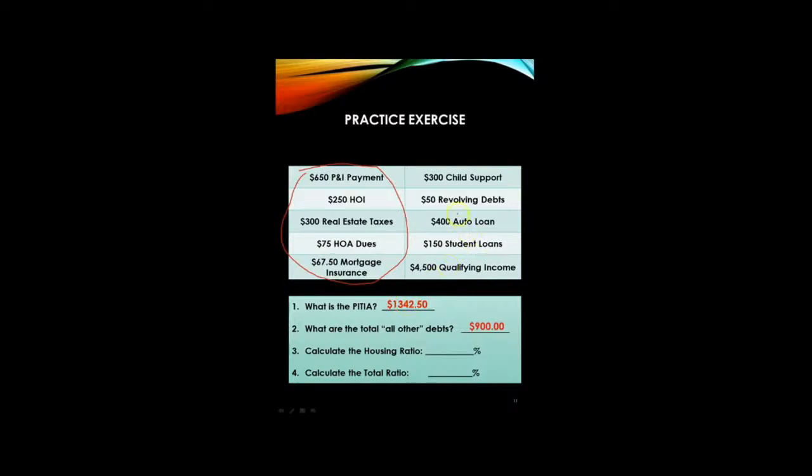Right? So let's highlight. We're taking the child support, the $50 monthly revolving debt, the auto loan, and the student loans, adding them up, and that's how we get $900.